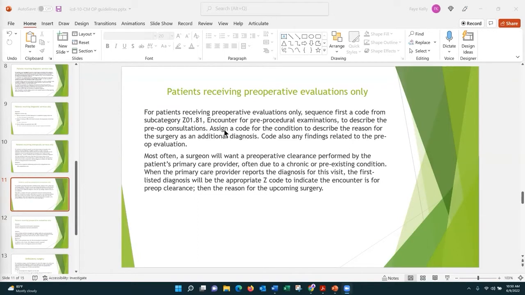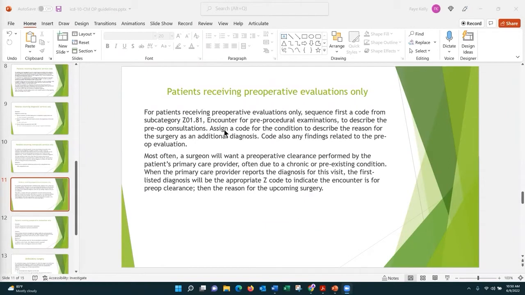Then, as additional diagnoses, you want to assign a code for the condition that describes the reason for surgery. So if this patient's having a cardiac cath, that's going to be an additional diagnosis, such as chest pain, because the cardiac cath is going to be an evaluation to determine if there are any blockages or anything.